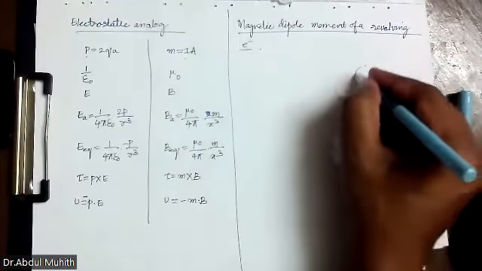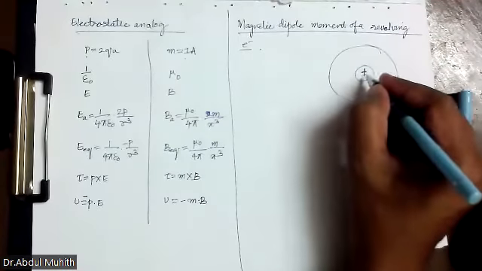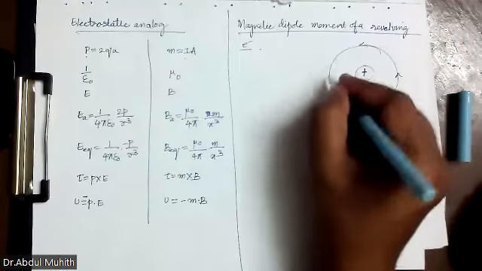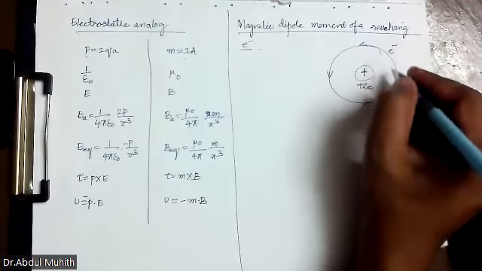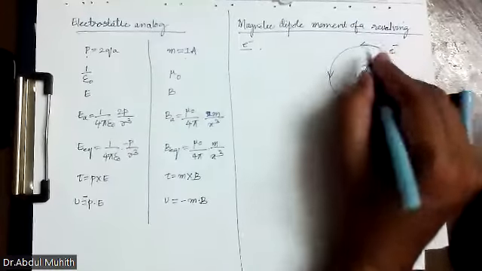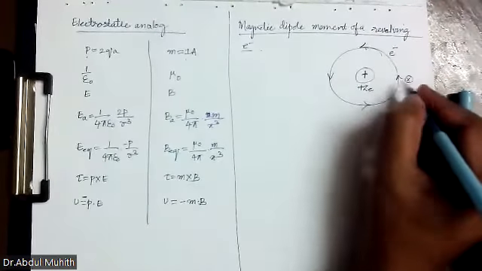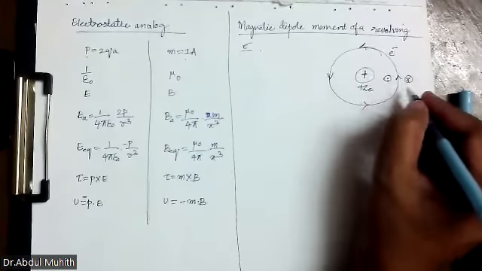So this is a nucleus and this is the first orbit. The nucleus is positive in charge, that is plus Ze, and the electron is revolving in the orbit like this. A revolving electron around the nucleus is like a current flowing in a circular coil. It is similar to that. And this is the magnetic field, going in here and coming out there.